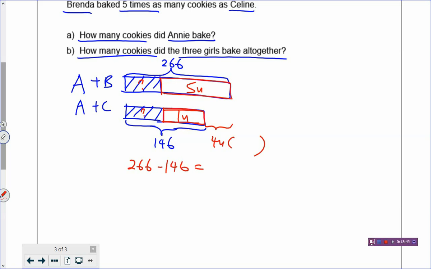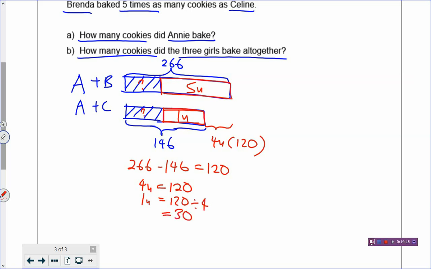So that will be 266 minus 146, and you will get 120 more. So there's a difference of 120, right? Okay, so now you can see that your 4 units is also the same as 120. Then your 1 unit must be 120 divided by 4, and your 1 unit is 30.